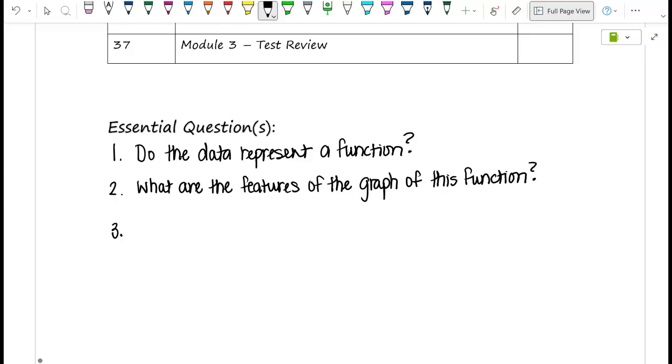And number 3, why are representations of relations and functions useful?